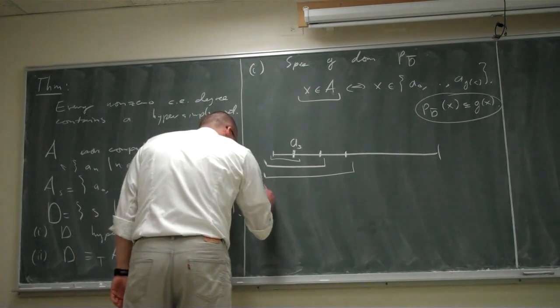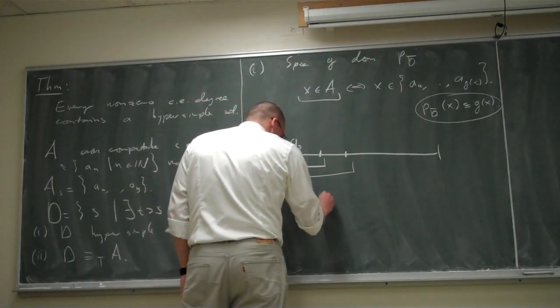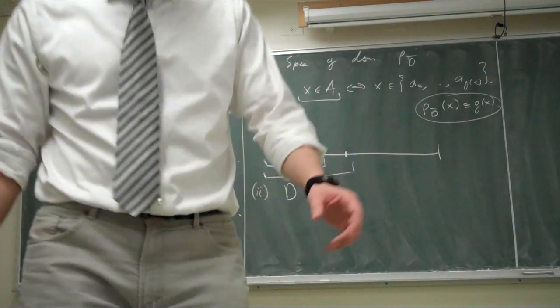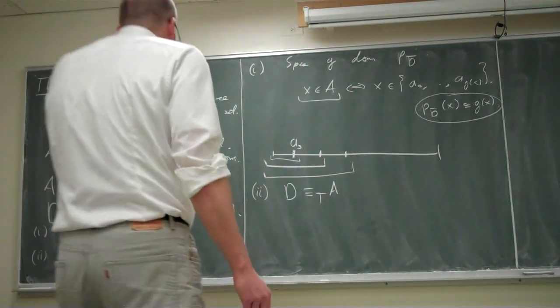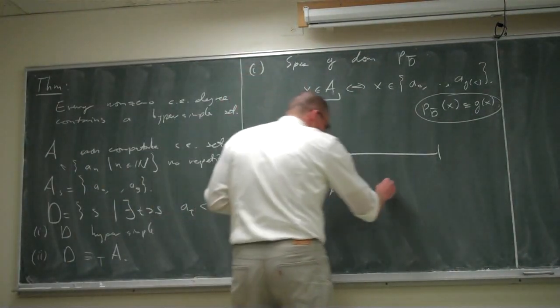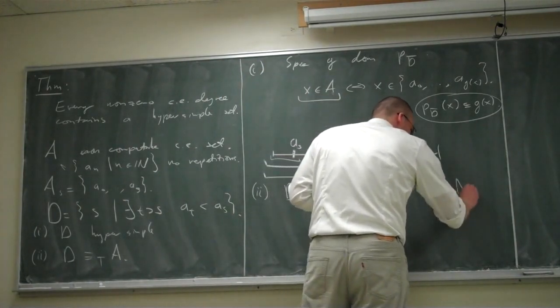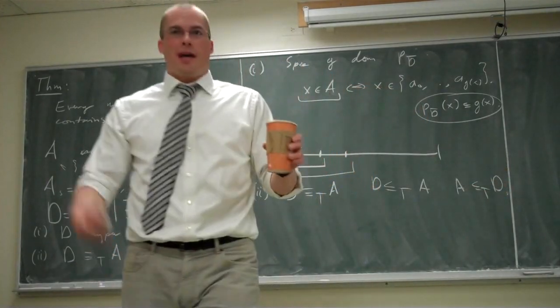So that leaves 2 to show that D is Turing equivalent to A. Turing equivalent means D is Turing computable from A, and A is Turing computable from D, and we're essentially done already.